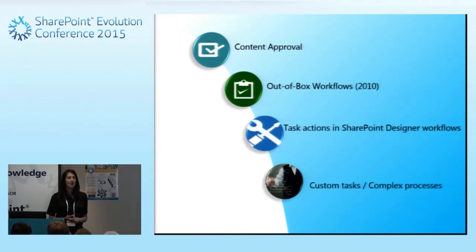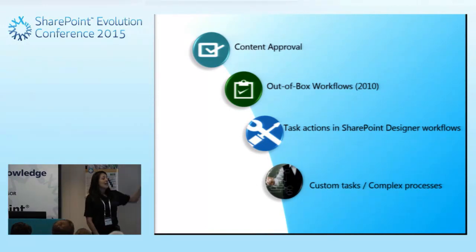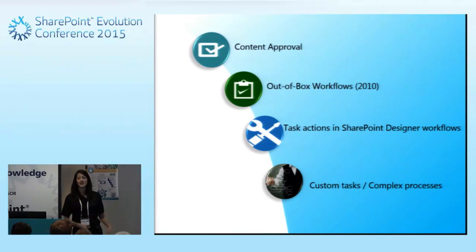The next one is out-of-the-box workflows 2010. The reason this says 2010 is that even if you have SharePoint 2013 or Office 365, these are still 2010 out-of-the-box workflows. They didn't change at all from SharePoint 2010 to 2013, and they use the 2010 workflow engine. So that's nothing that you need to do or upgrade. They are just the 2010 out-of-the-box workflows, wherever you are.